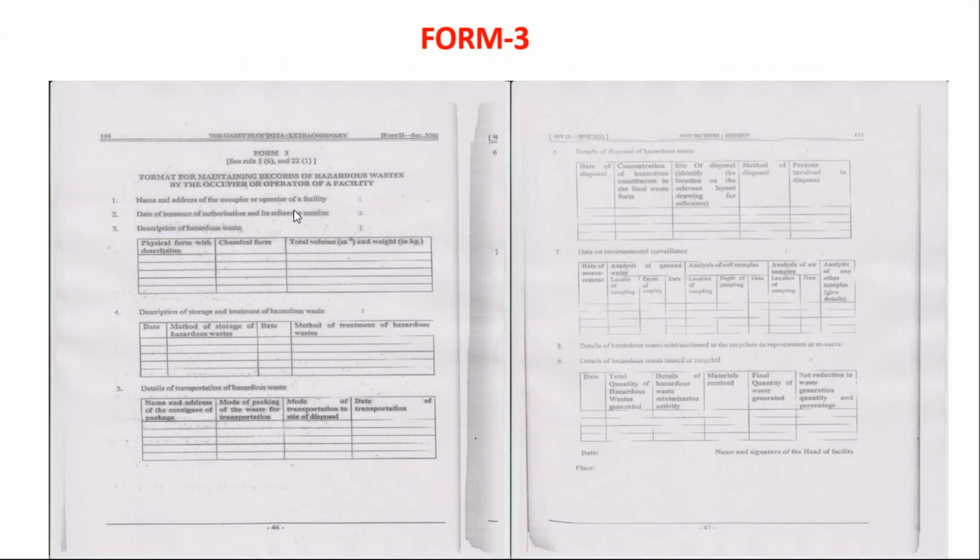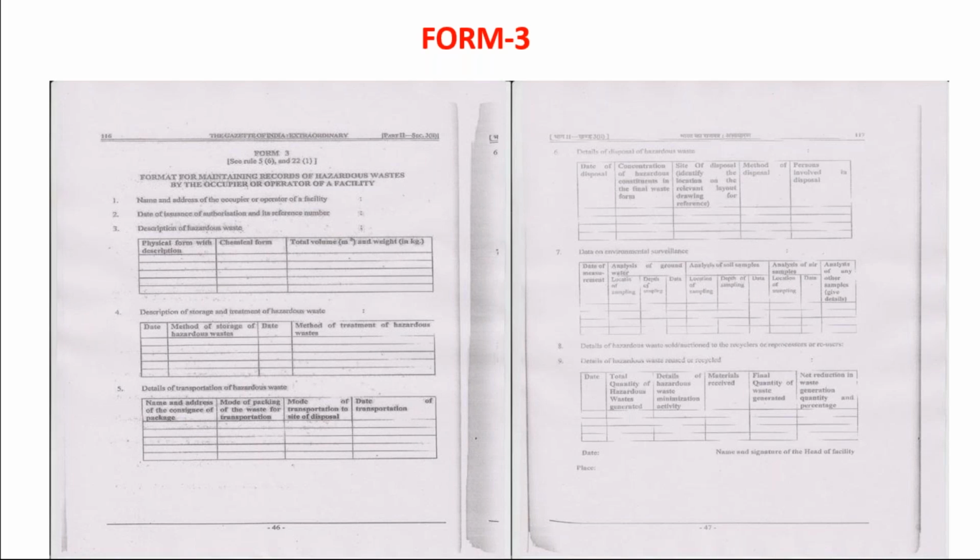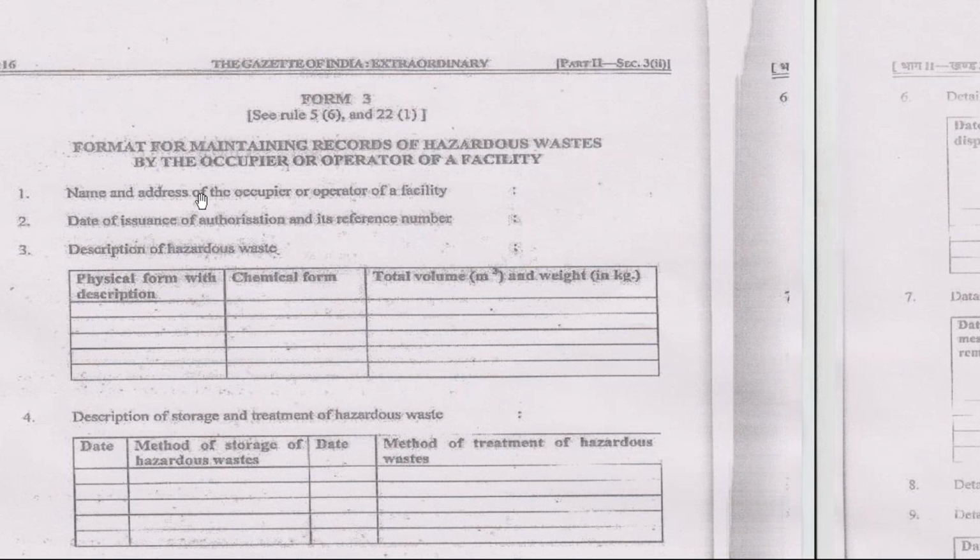So this is Form 3, with reference to Rule 5 of 6 and 22 of 1, the format for maintaining records of hazardous waste by the occupier or operator of a facility.